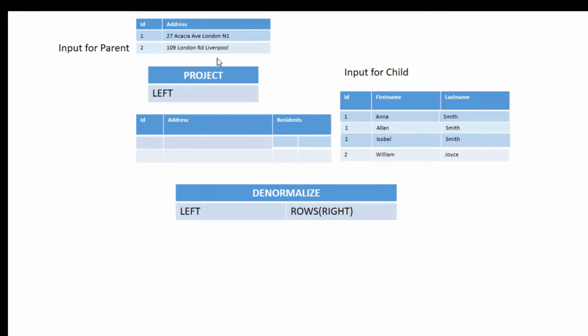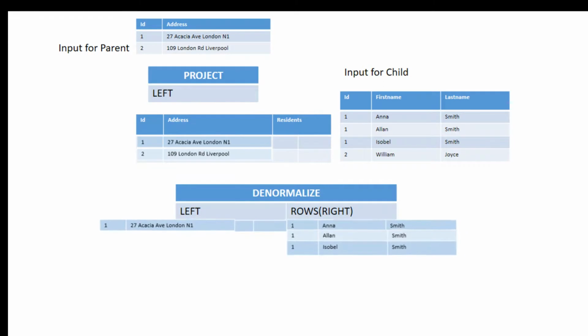So the same as before, the output and input records for the parent have to be of the same type. So there's always this conversion using a project to get the parent record into a suitable format, and then the entire data, all those child records that match the parent joinable field, in this case 1, are presented in one go to the denormalized right hand side, and then the second time.